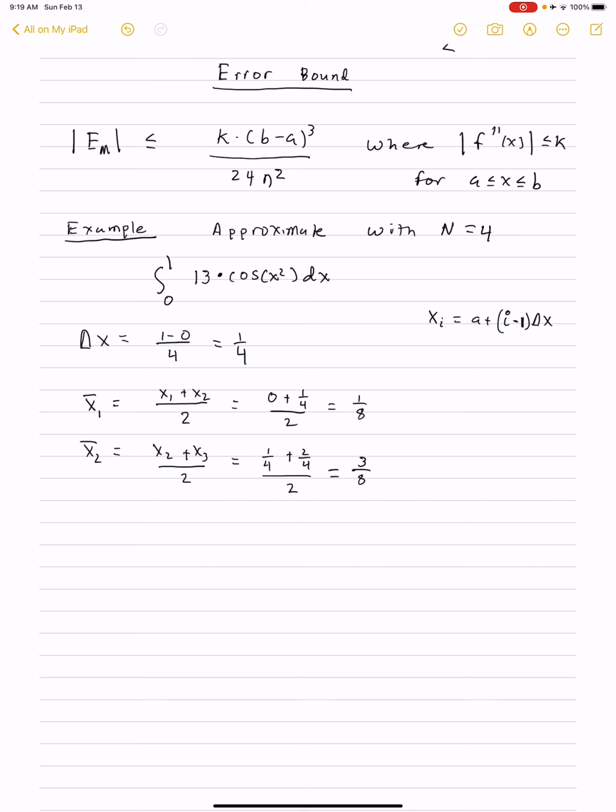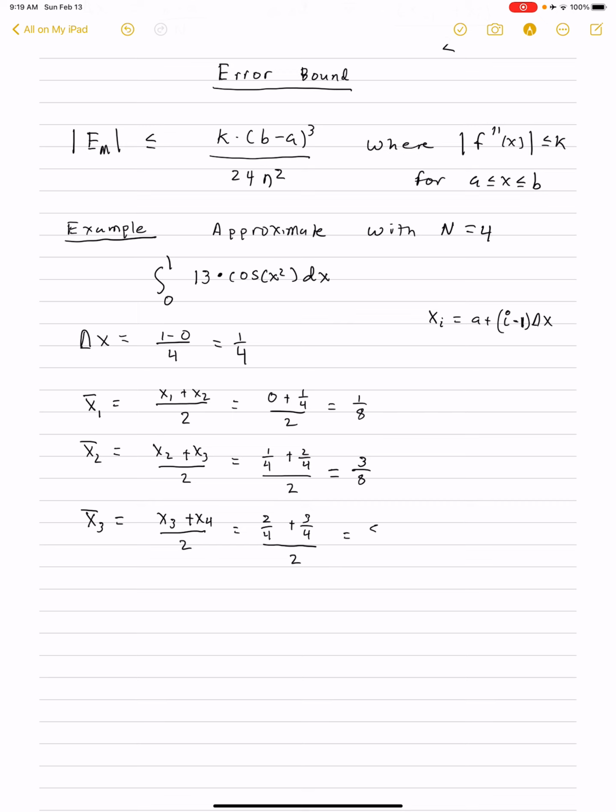The next one is x sub 3 bar. That's going to be x sub 3 plus x sub 4 divided by 2. Okay, so I'm going to have 2/4. When we calculate x sub 4, this will be 3/4, divided by 2.